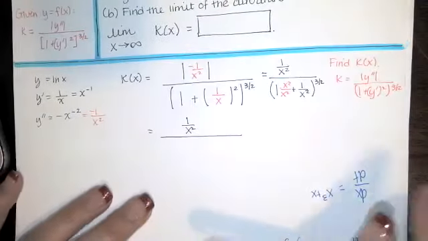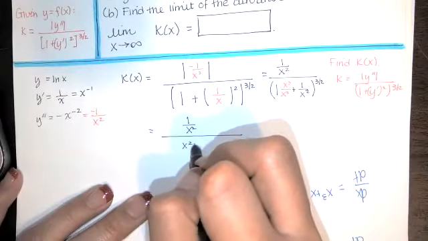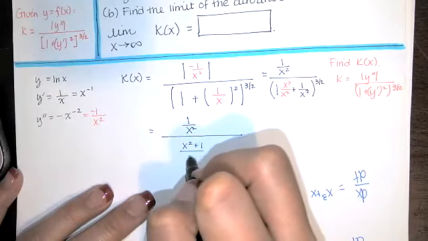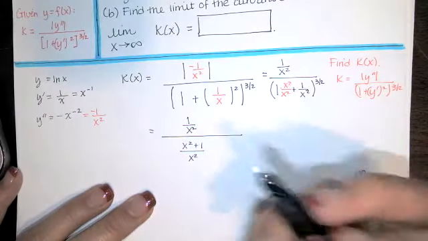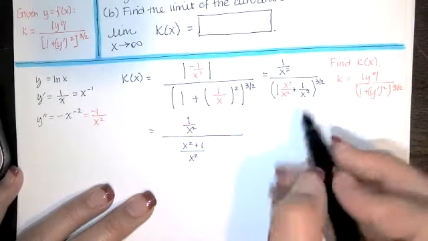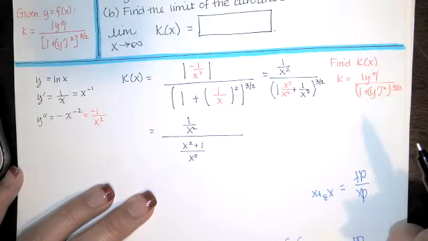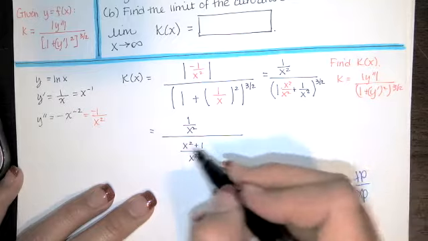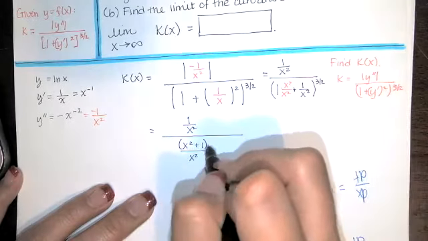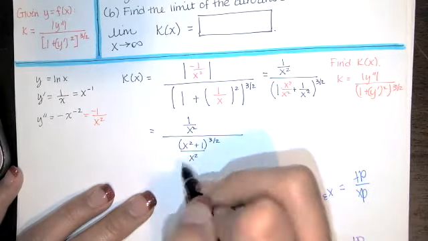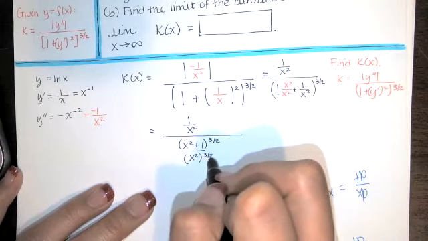And now that I have a common denominator, I can add the numerators and keep the common denominator. And remember, all of this is raised to the 3/2 power. So if I've got a fraction raised to the 3/2 power, I can raise the numerator to the 3/2 power and raise the denominator to the 3/2 power.